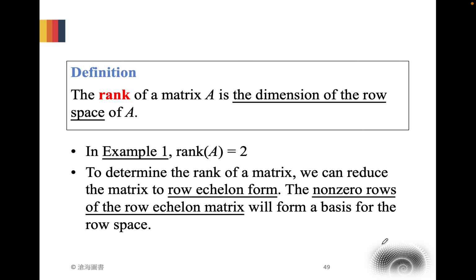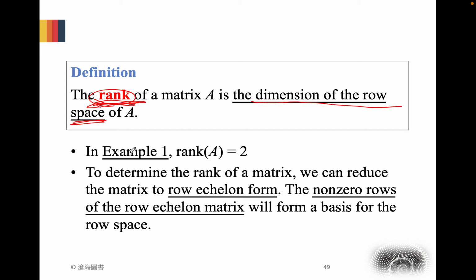And now we introduce another term that is called rank. Okay, what is rank? The rank of a matrix A is the dimension of the row space of A. The dimension of the row space of A is called rank.